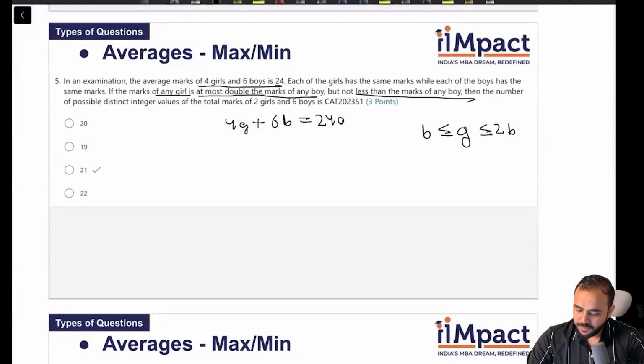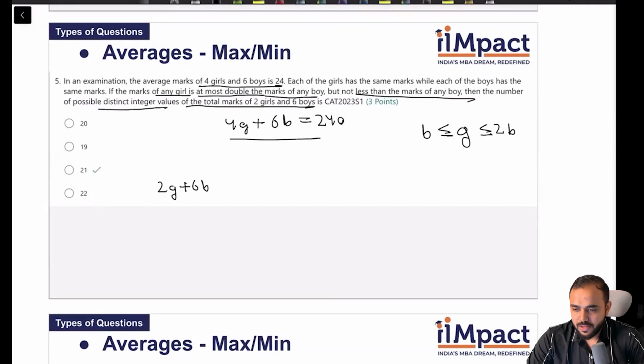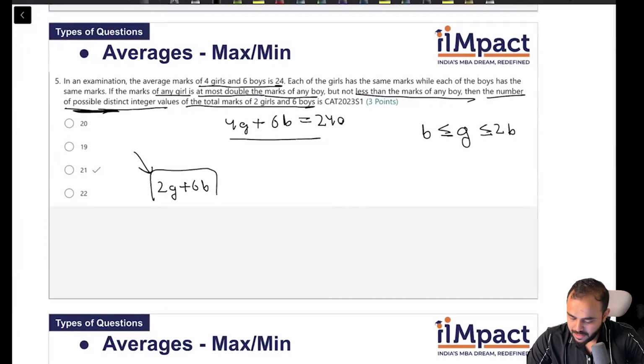The question asks for the number of possible distinct integer values of the total marks of 2 girls and 6 boys. So what we really need here is 2G plus 6B. I am already given 4G plus 6B. Because they're asking us for the number of possible distinct integers, I have to find the maximum or minimum value of this.